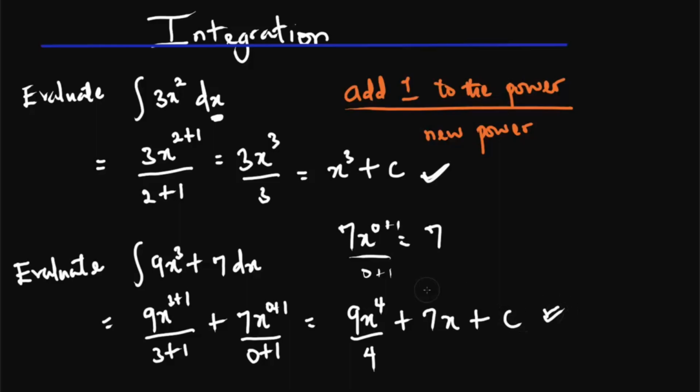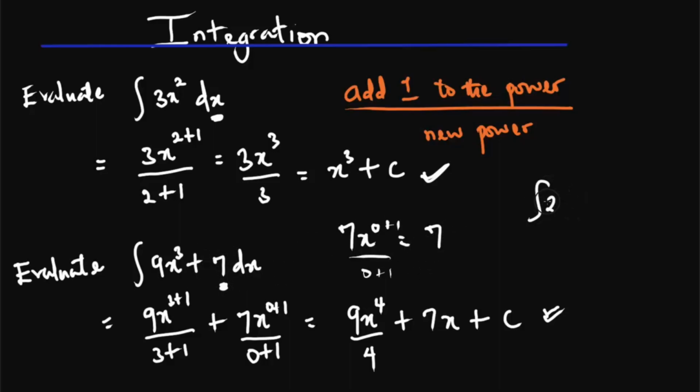Now take note of something. Whenever you integrate a constant, it doesn't have a variable x with it, so it's a constant. Just simply multiply it by the variable to which the integral is with respect to. This integration is with respect to x, so you simply multiply the constant by x.